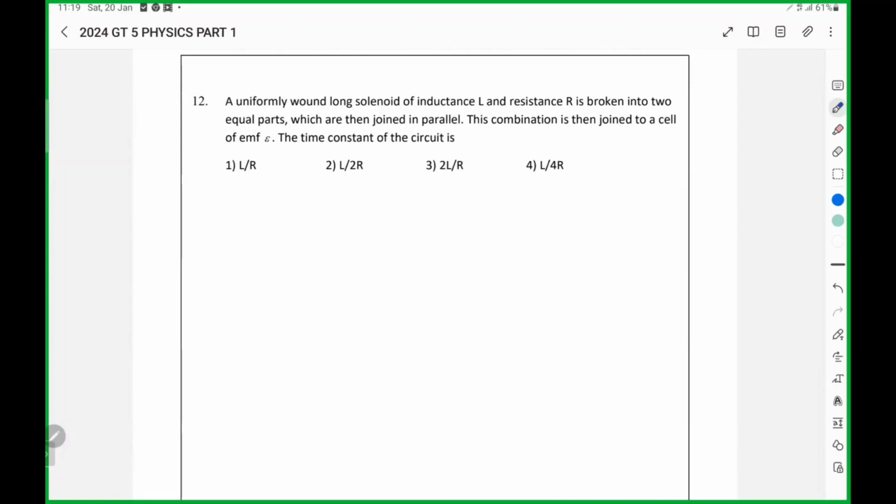Here, uniformly wound long solenoid of inductance L is broken into two equal parts, which are then joined in parallel. The combination of the cell EMF.